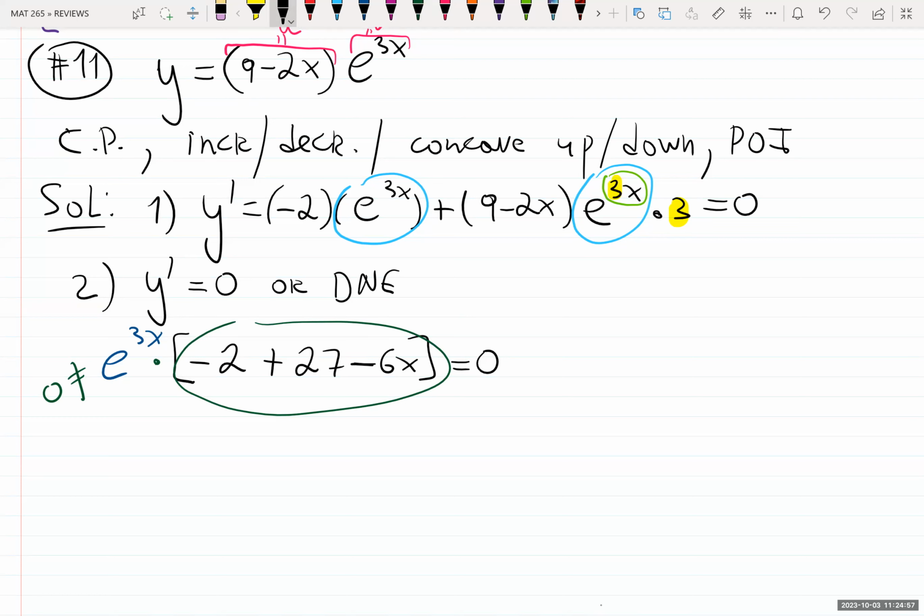So you just need to solve the second part, which is 25 minus 6x equals 0, which is x equals 25 over 6. I don't actually have notes on that, so let's be careful. That is a critical point. Yes, actually, I don't know, I need to check if it is in the domain. And I already mentioned that.